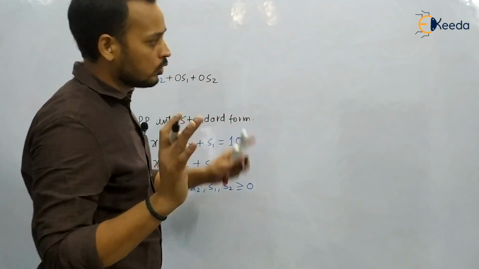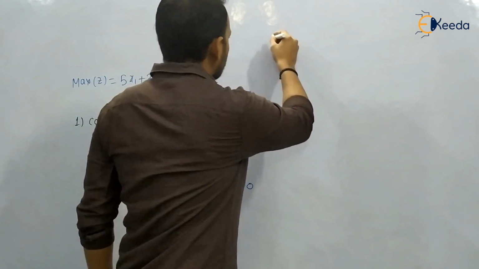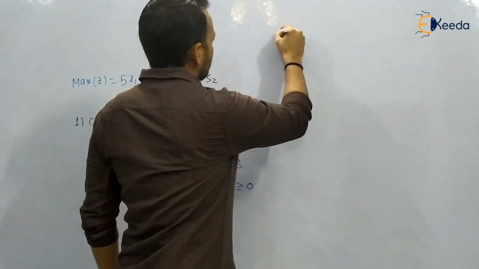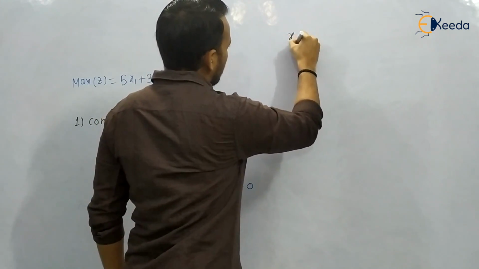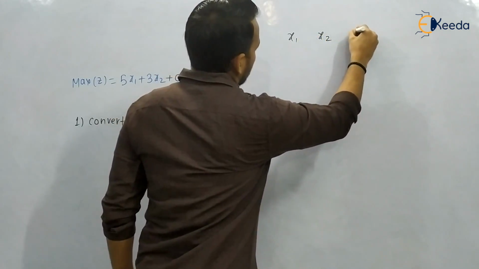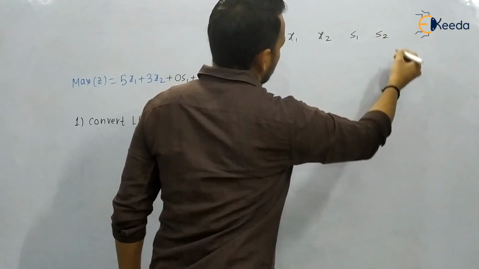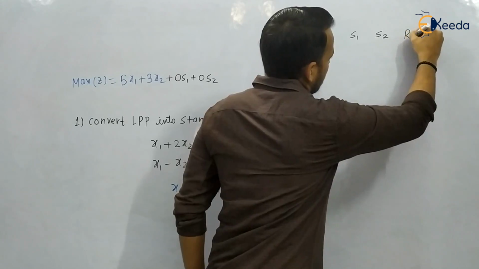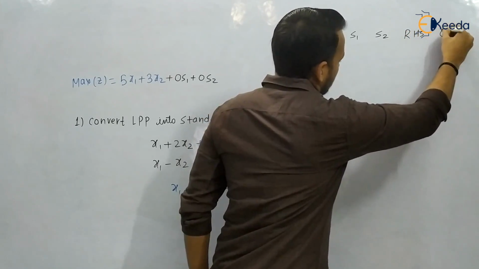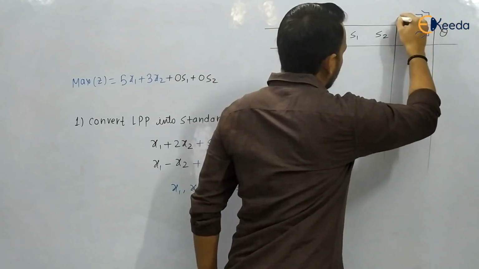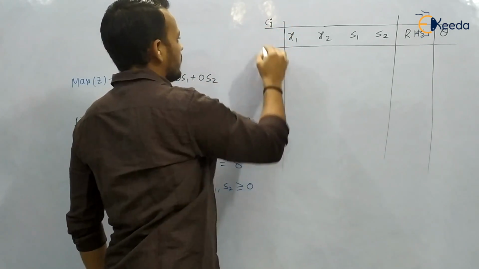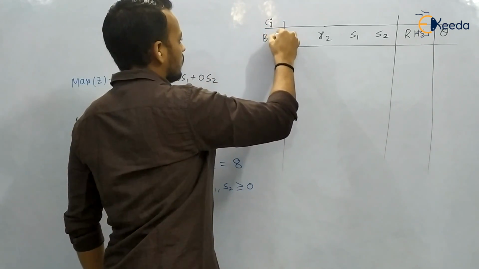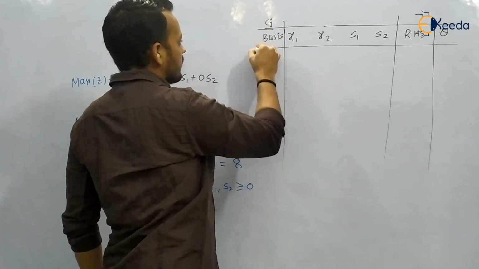Now you are going to make the table. It consists of the variables: first we write x1, x2, s1, s2, RHS and theta. Here we write the value of Cj, and this column is the basis, meaning basic variables.